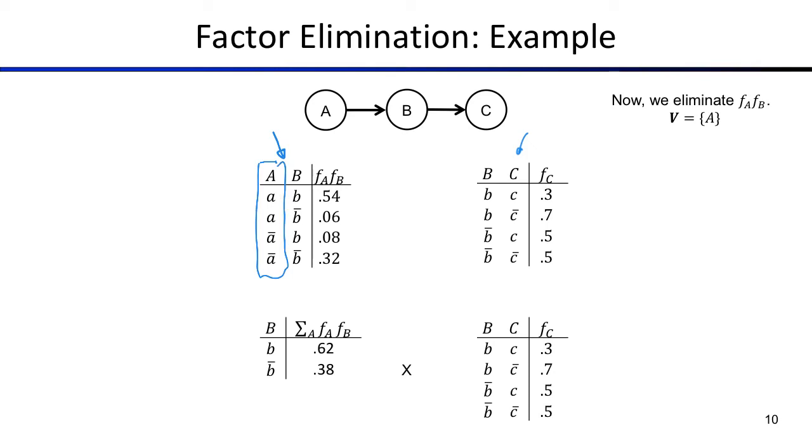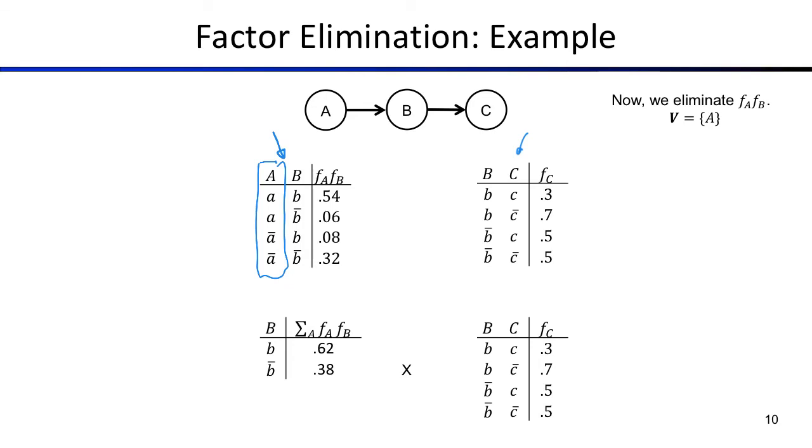So this is the time that I'm going to eliminate this factor, and remember that the elimination of a factor is a two-step process. The first step is to eliminate all variables that only belong to this factor, and the second step is to multiply by another factor. In this case, we have to multiply by the factor FC because it is the only remaining factor that we have.